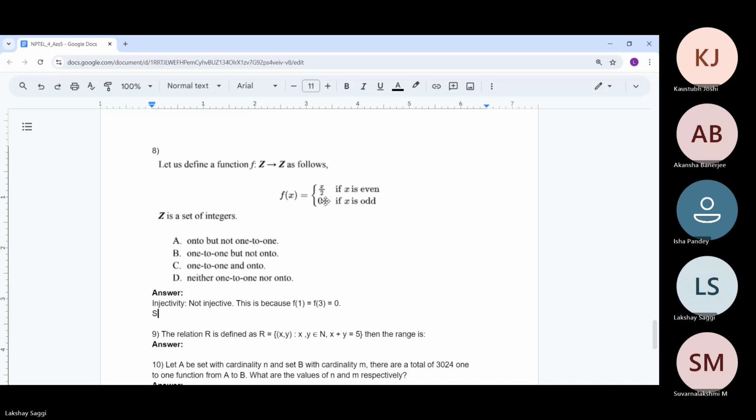Right. Now let's check for surjectivity. So is this function onto? So we have that f of x is x by 2 if x is even, and 0 if x is odd. So is this function onto or not onto?